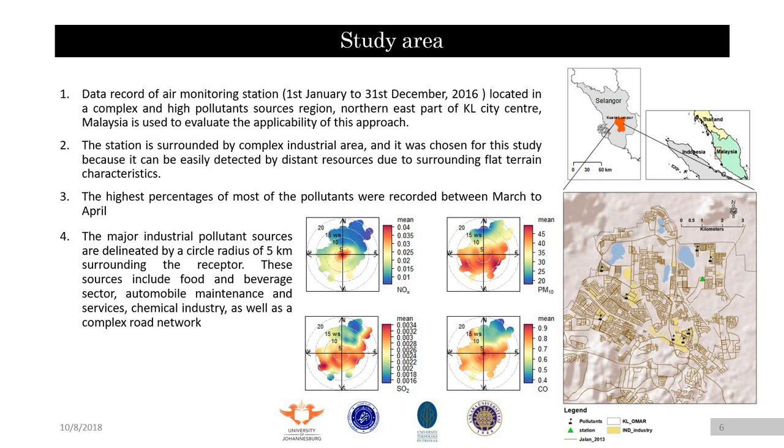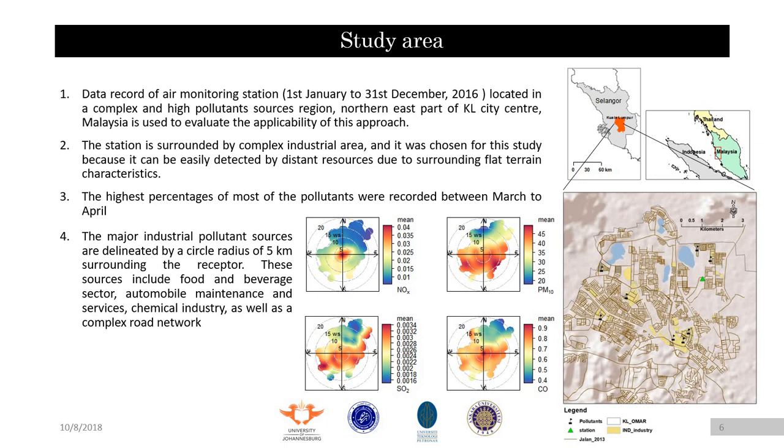It's the best place to test this methodology because the area is surrounded by a complex industrial area, which was chosen for study because it's easily detected by distant sources, and that is because of the flat terrain of the area that the station is located in.